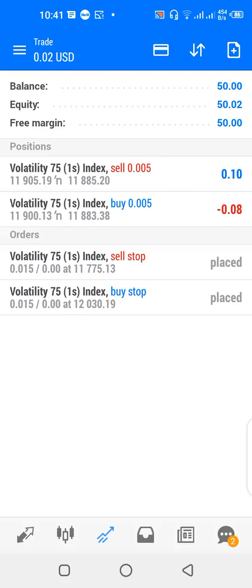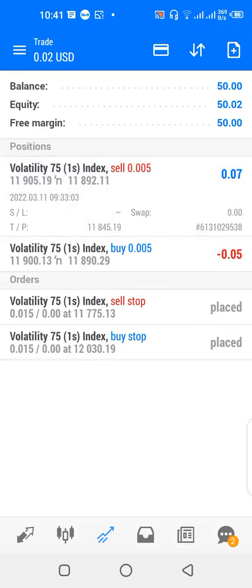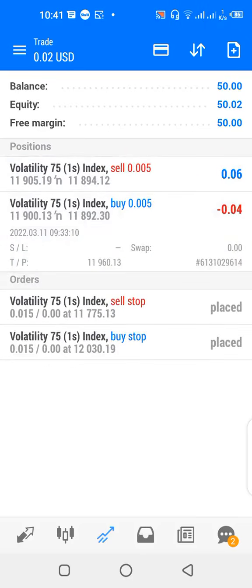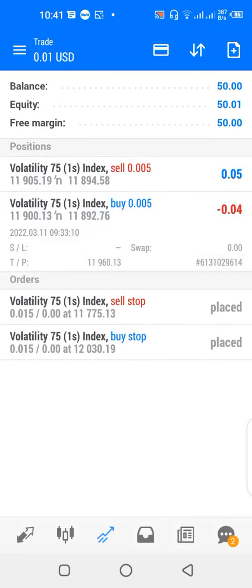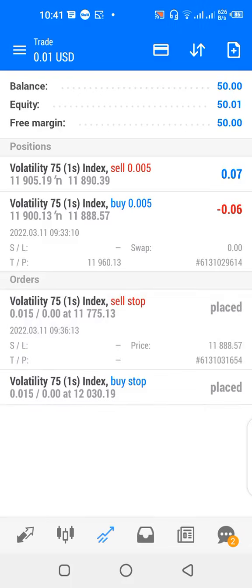Of course, for V75 1s, the original trade take profit is supposed to be 80 points. Once the Grail Hedge starts, I'm going to set 80 points as the take profit for my untriggered running trade, and I'm also going to set 80 points as the take profit for my pending order.